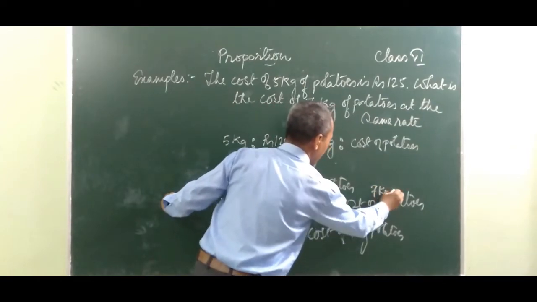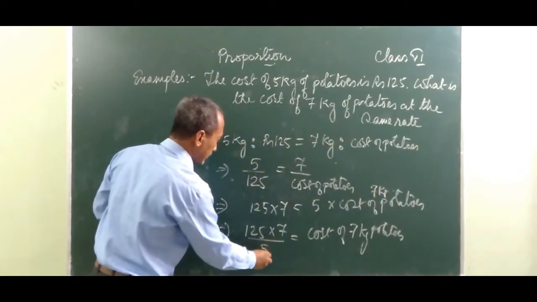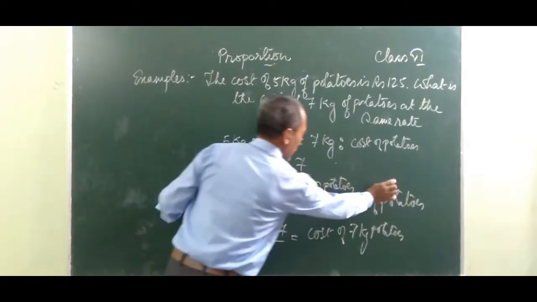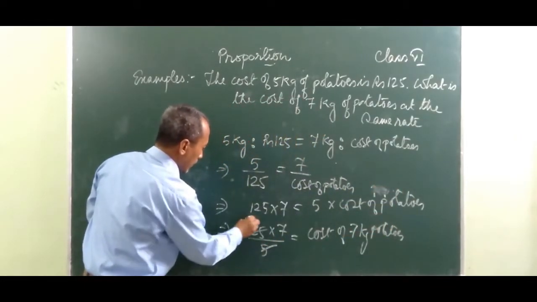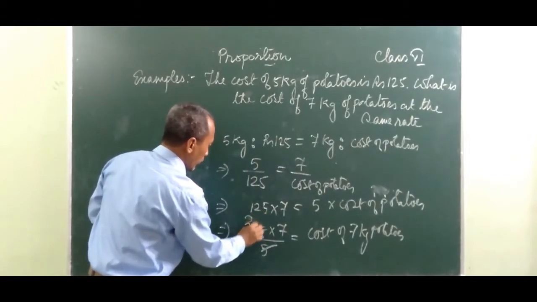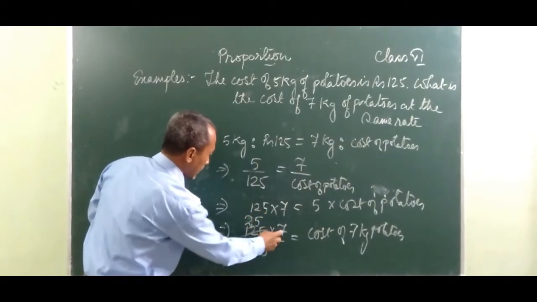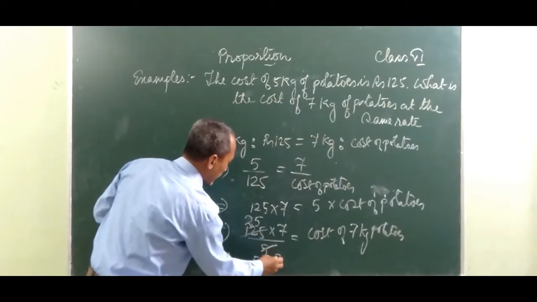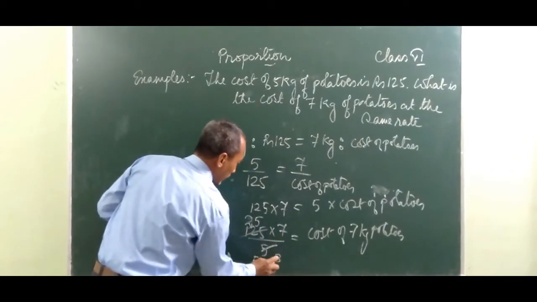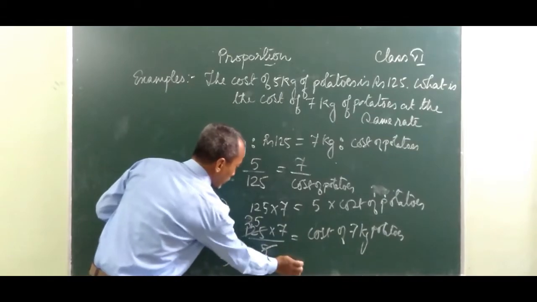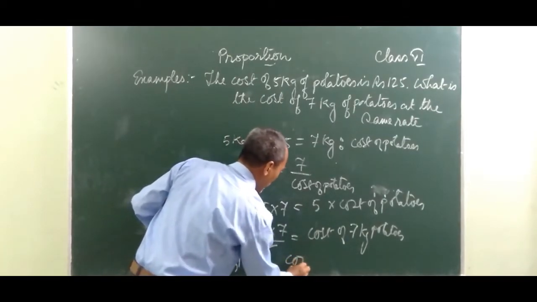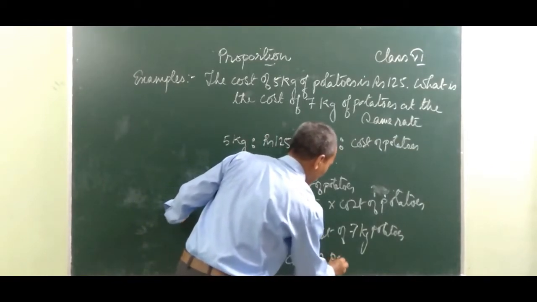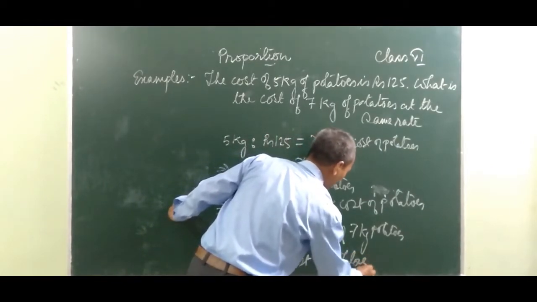So here is 5 into 25. It comes here 7 5s are 35, 3 in hand, 7 2s are 14, 14 plus 3 is 17. So 175 rupees is the cost of 7 kg potatoes.